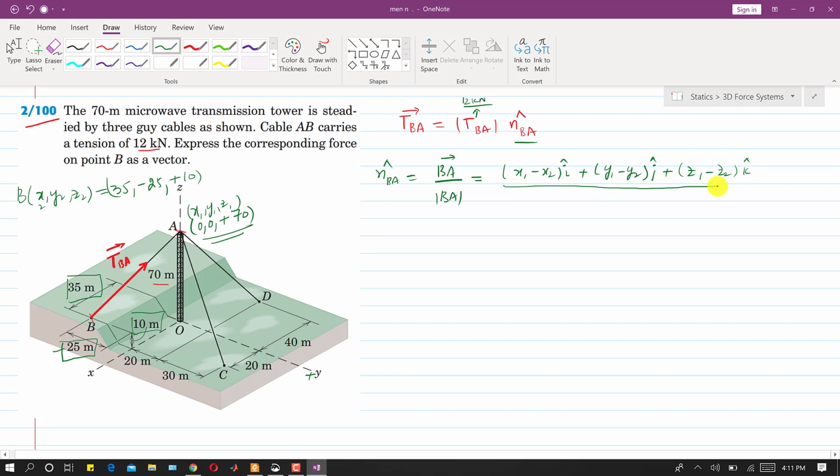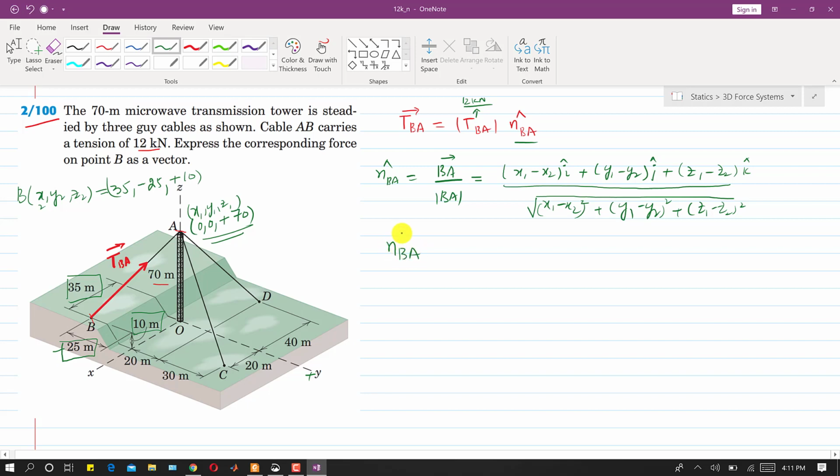And we will also find the magnitude, so the magnitude will be equal to the square root of (x1 minus x2) whole square plus (y1 minus y2) whole square plus (z1 minus z2) whole square. So this will give us the magnitude, right?